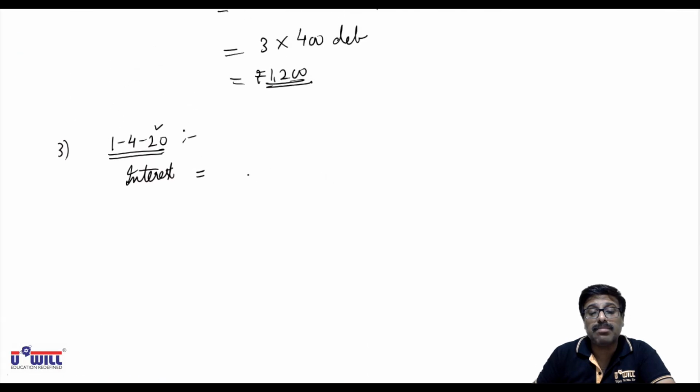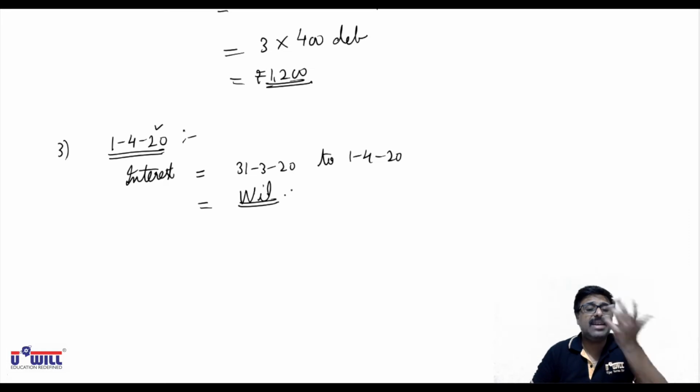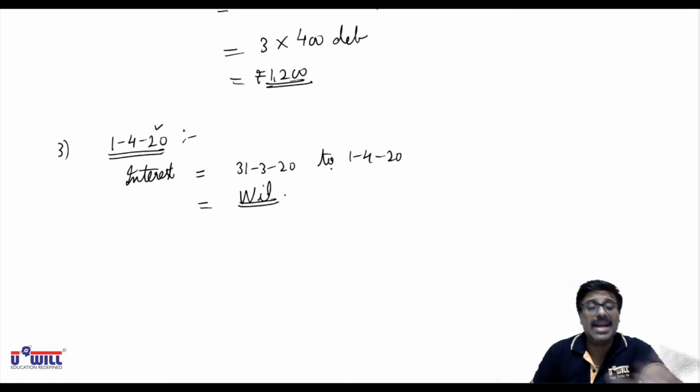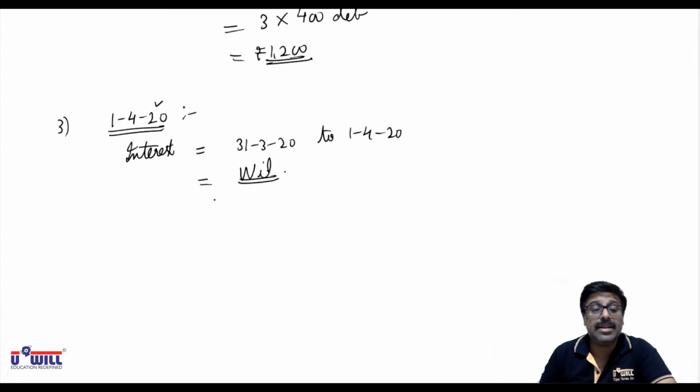So from 31st March to 1st April, can I say it is 0 months? No period has become due. Just 1 day has passed. After 31st March, 1st April means you received the interest just 1 day ago only. So now you are not entitled to receive any interest on this date. Means what is the interest element? Nil.